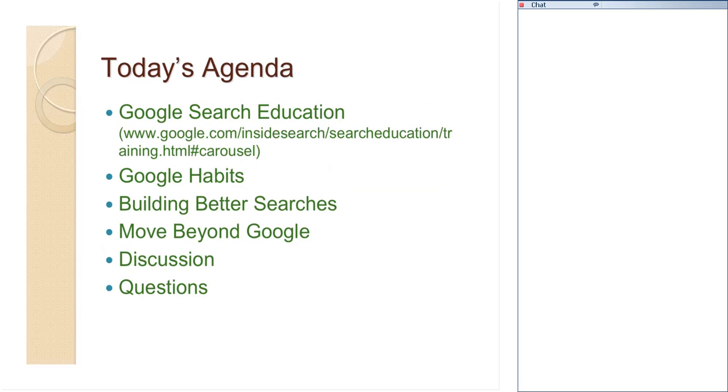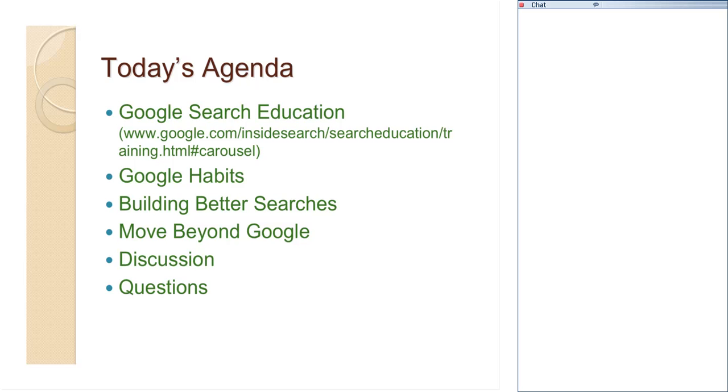So what we'll be covering is information that comes directly from Google Search, which is an element of the Google Corporation. They have an inside search education module, and we'll be looking at that. We'll be talking about Google habits of both your users, your soon-to-be users, and maybe even of yourselves.